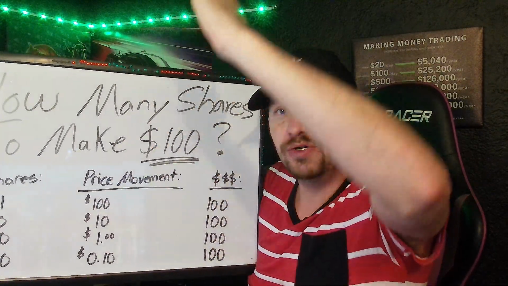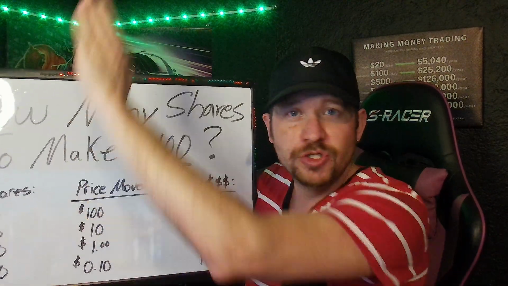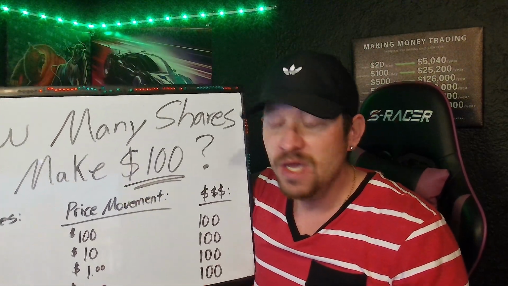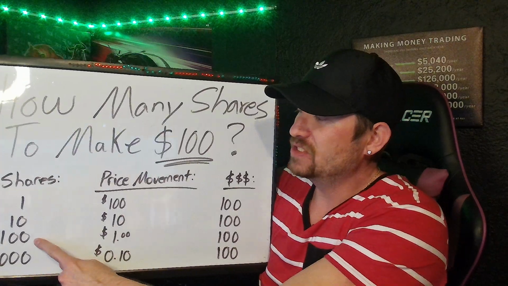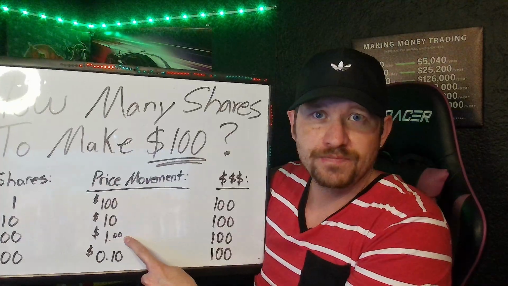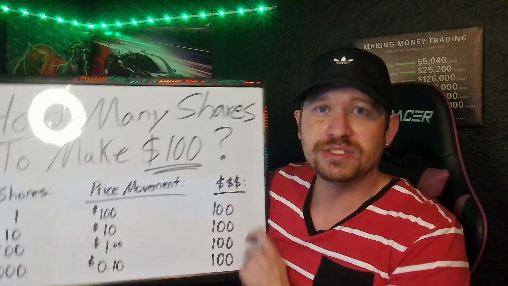It could go up $1 or $2, come down and retest, now it's down $1, and then shoot back up. Maybe it's up $3 or even $4 in a single day. Now, what's great about this example is owning 100 shares, it only needs to move $1, just $1 on 100 shares, and you can make $100. This is exciting for any new beginner because it gives you the opportunity to make money without having to have such high amounts of profit potential, right?